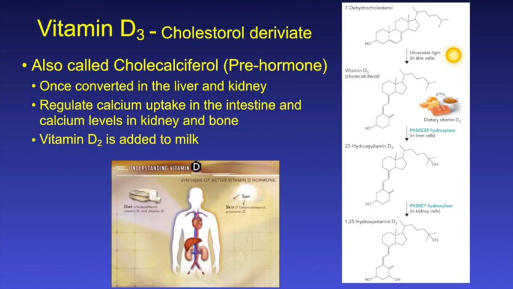Once you have the liver, we have the hydroxide placed here. Once you go through the kidney, we have the hydroxide placed here. And so the sun and the processing between two different tissue types actually creates the active calcium-controlling vitamin, which is vitamin D3.